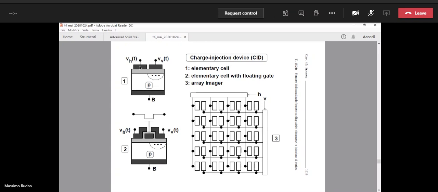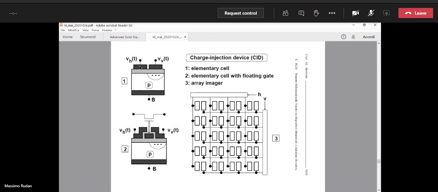So there will be also in this case a single reading device, and the pixels can be individually accessed. So this is a very efficient architecture.